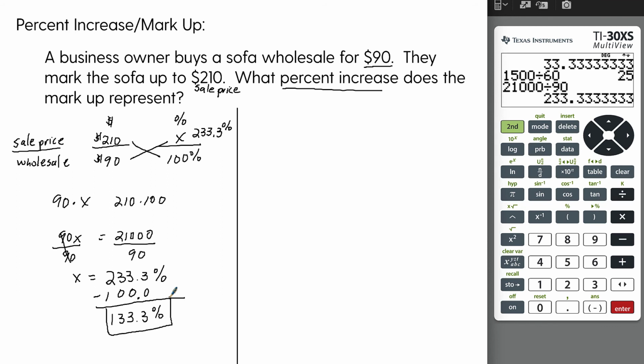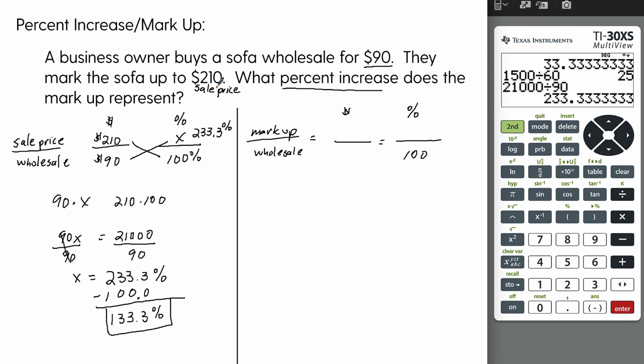So could you do this another way? Yes. You could do the markup over the wholesale price. Okay, still comparing money to percents, and we could put 100 here, as always.